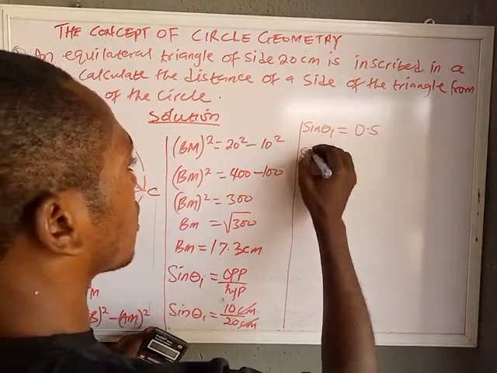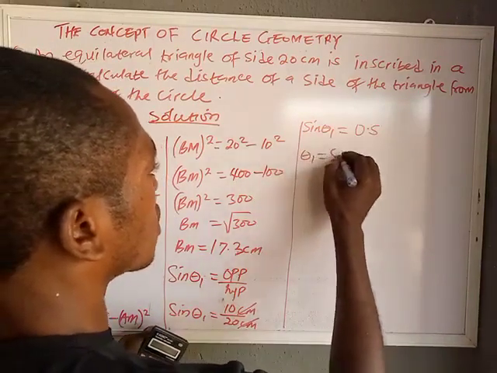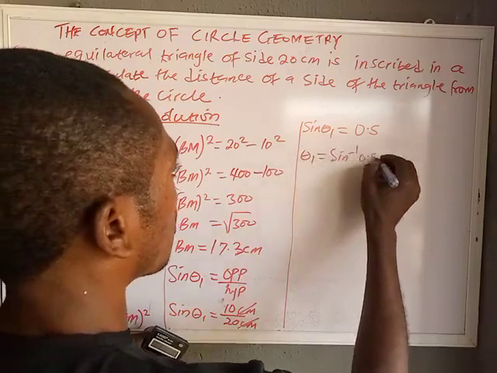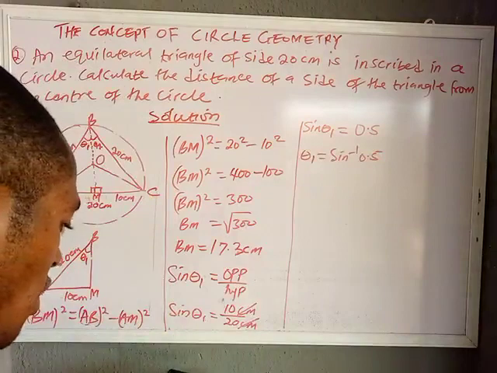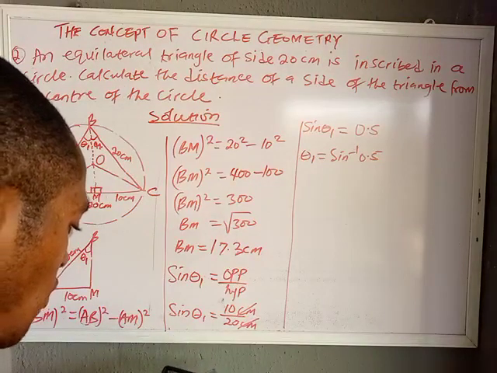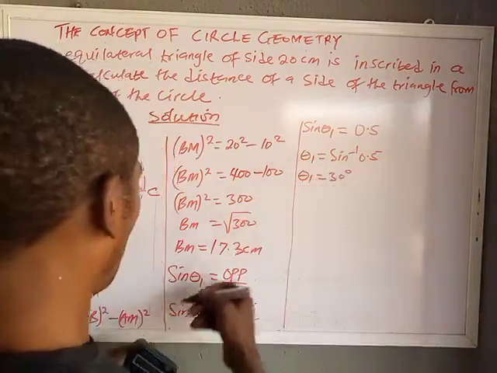So theta 1 equals sine inverse of 0.5. Sine inverse of 0.5 gives us theta 1 equals 30 degrees.